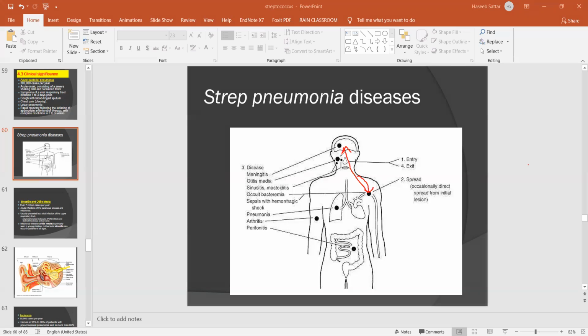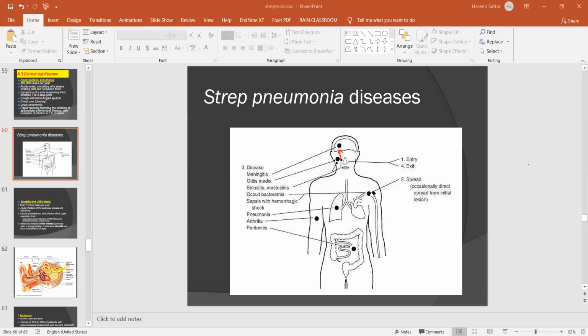Along with that, we know that the nasopharynx has a very thin separation between the nasopharynx and the brain. So from the nasopharynx, the bacteria can also invade and enter into the meninges or enter into the brain directly.